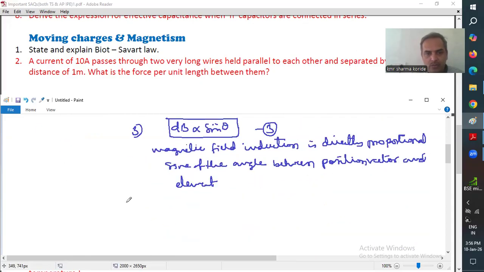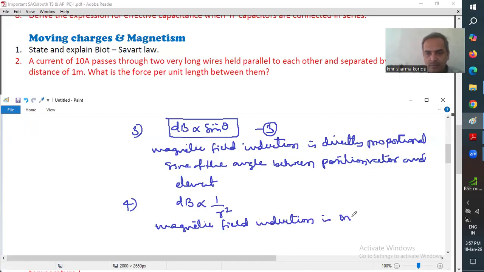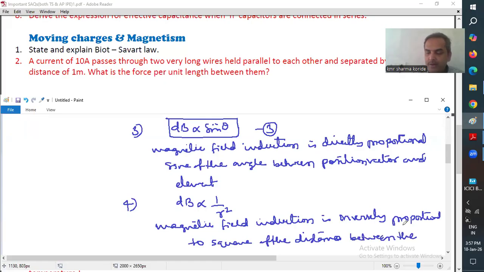The last, the fourth one, will be dB inversely proportional to the square of the distance between the point and the element. So magnetic field induction is inversely proportional to the square of the distance between the point and the element.